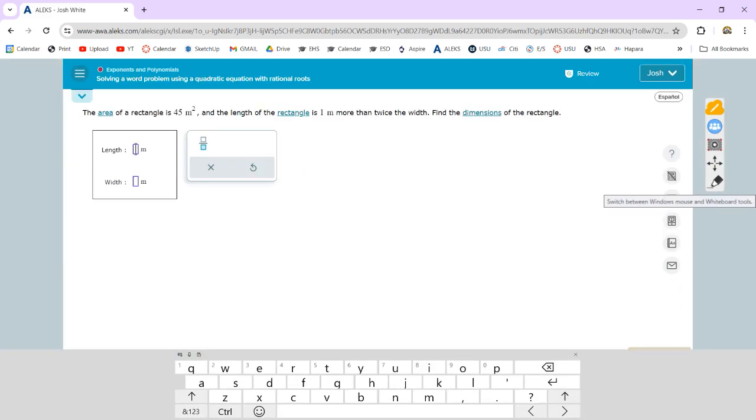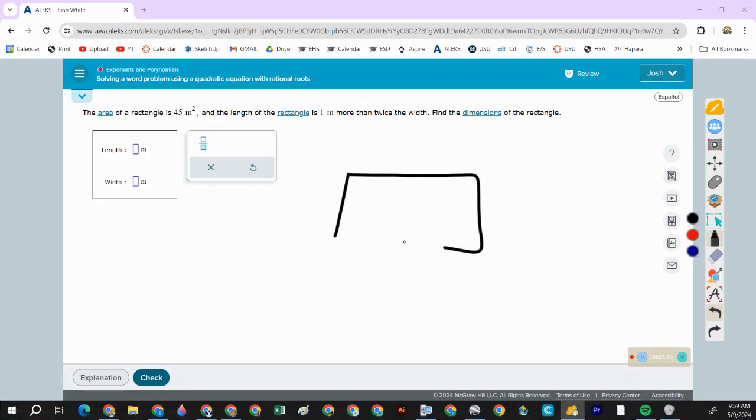The area of a rectangle is 45 meters squared, and the length of the rectangle is one more than twice the width. So length and width. The length is one more than twice the width.